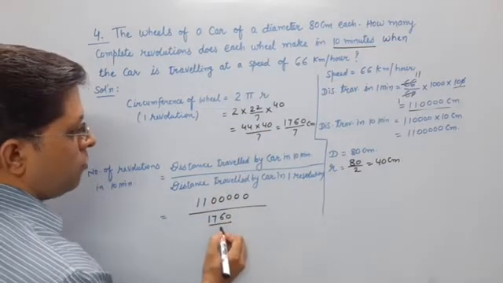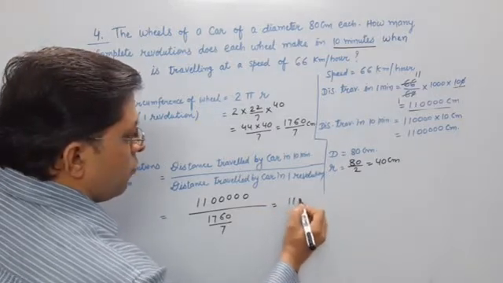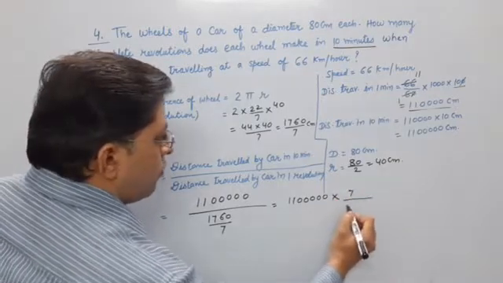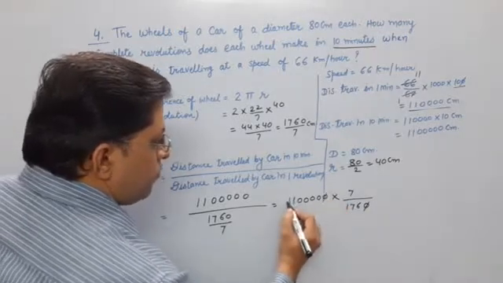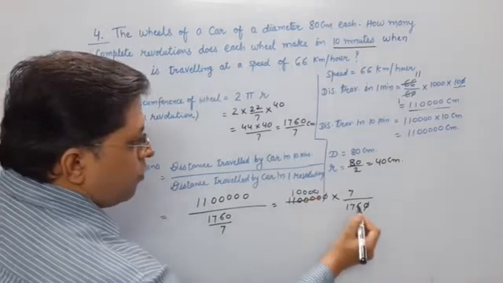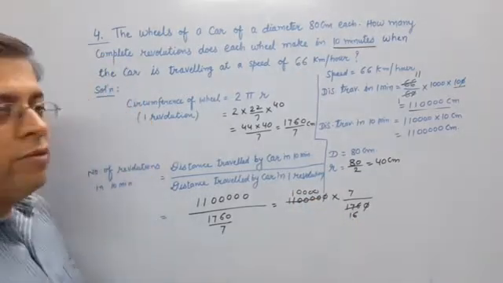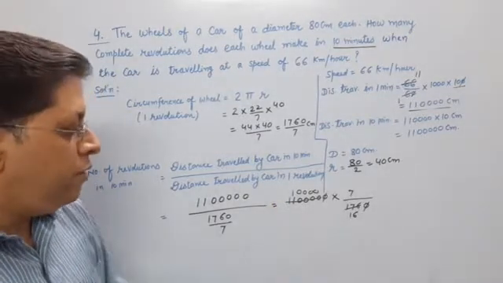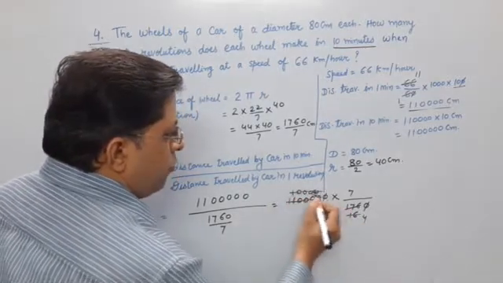1760 upon 7. Then what will be 1, 2, 3, 4, 5, 7 upon 1760. 0 and 0 cut. 11 ones are 11, 1, 2, 3, 4. 11 ones are 11, 11 6 are 66. Okay. Then by 4, 4 4 are 24.